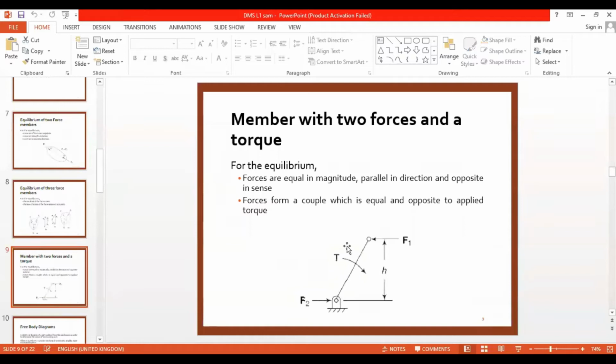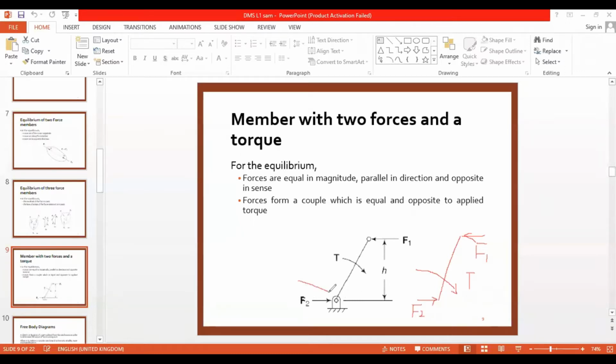So if we remove this rod from this pin joint, here I have a force F1, here I have a momentum T. Since I break this one, I will have F2 in both directions, horizontal and vertical. But since this F2 is acting horizontally, we will not have any vertical component.